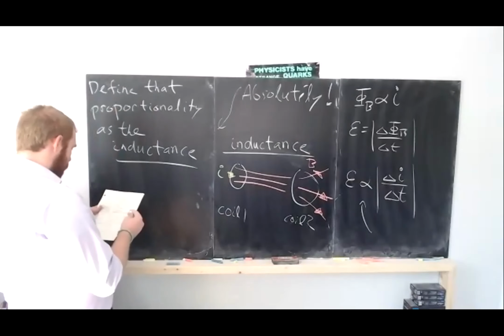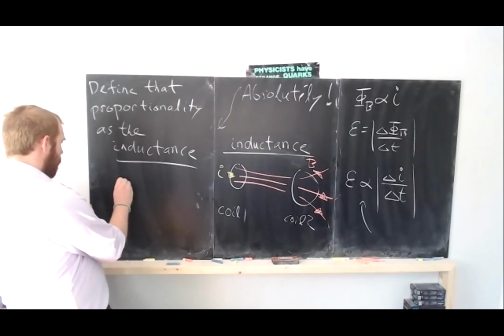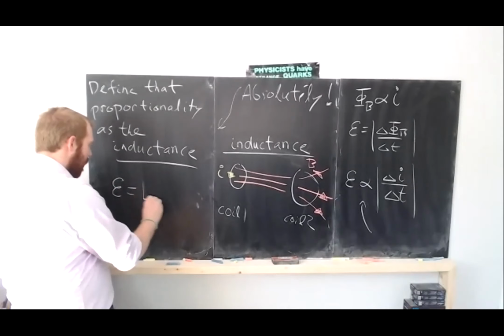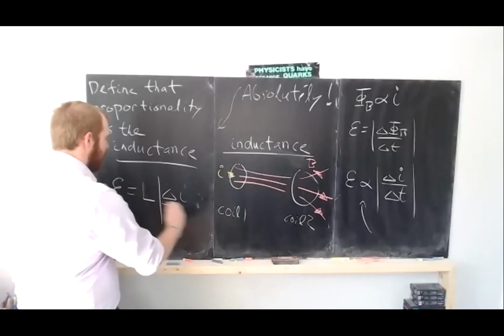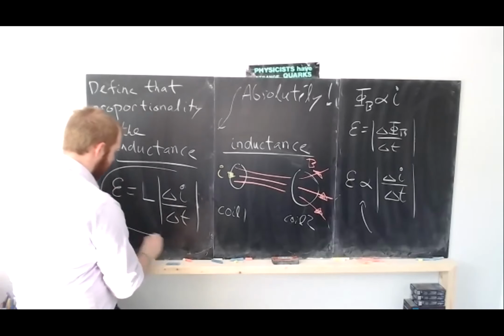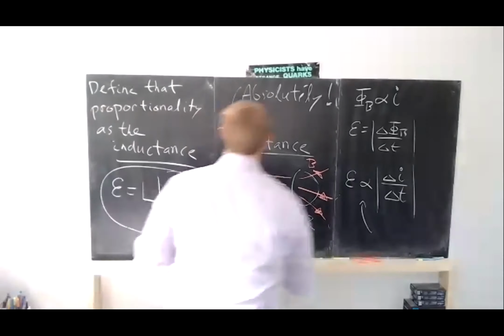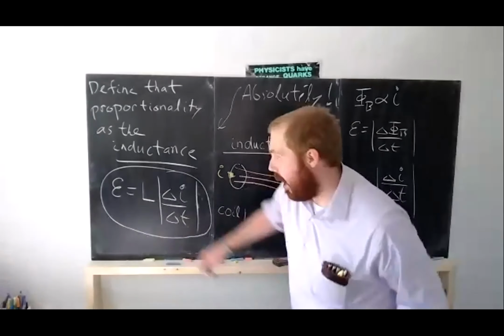And so we'll write that as EMF equals L delta I over delta t. All I've done is recast Faraday's law in terms of this L quantity.